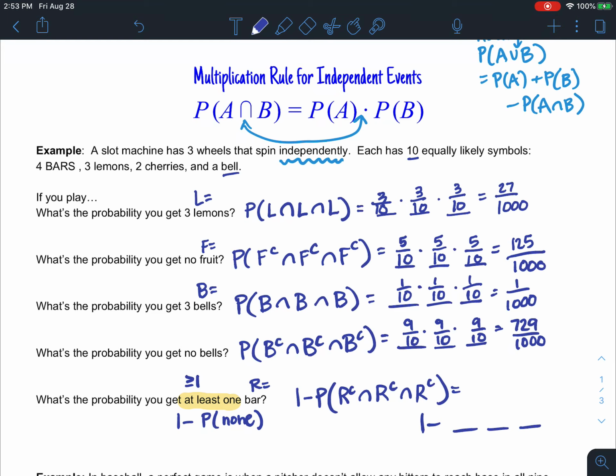Okay, so the chance of getting a bar is 4, so no bar would be 6 out of 10. Which is 1 minus 216 out of 1,000, which would be 784 out of 1,000. There you go.